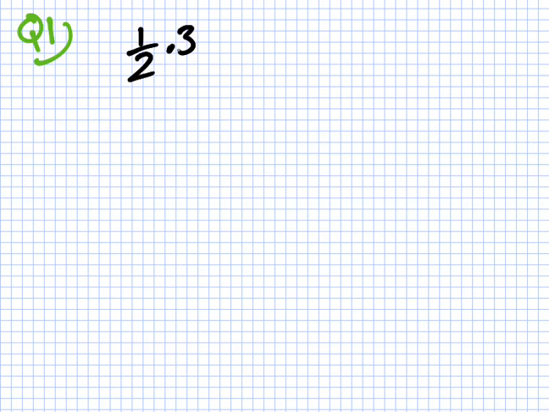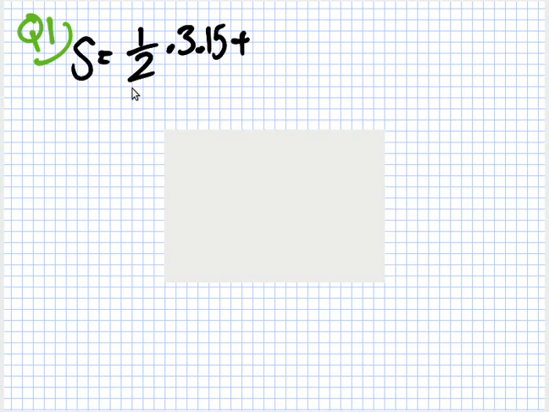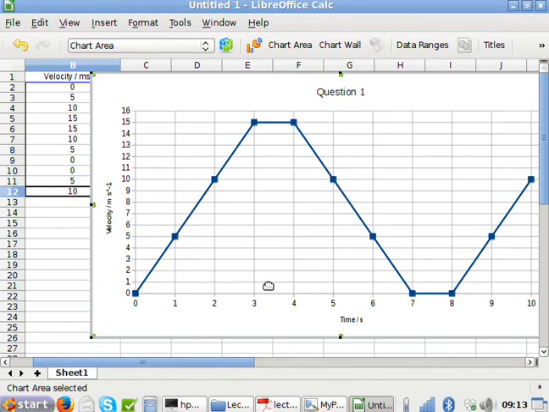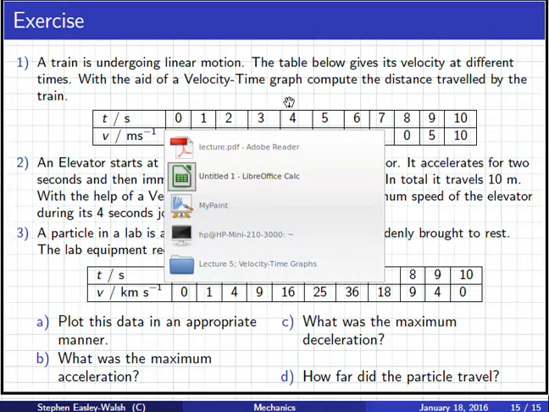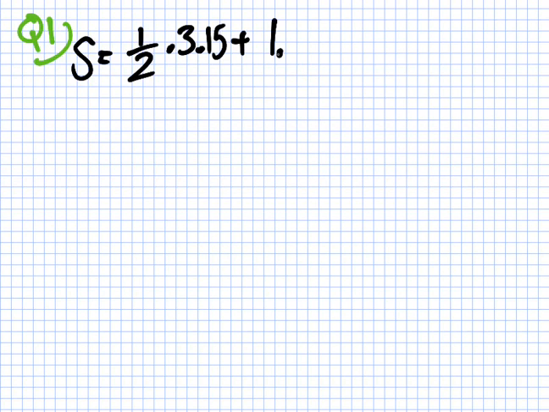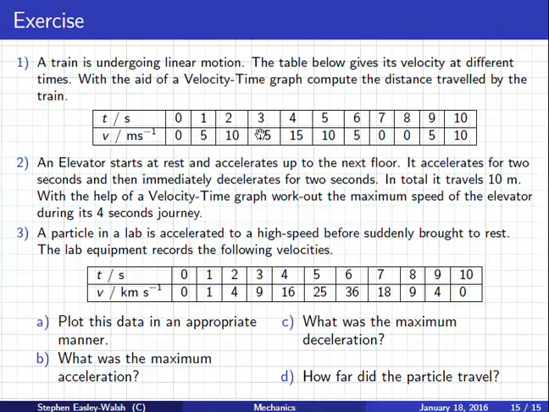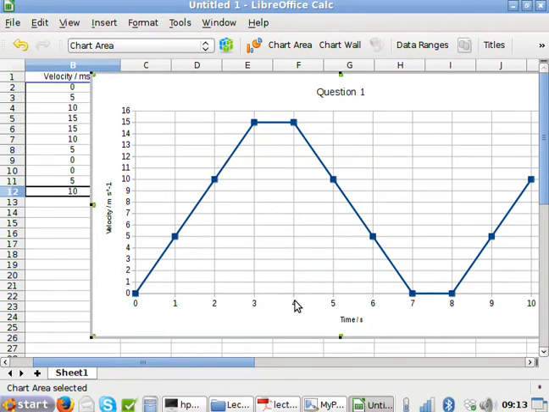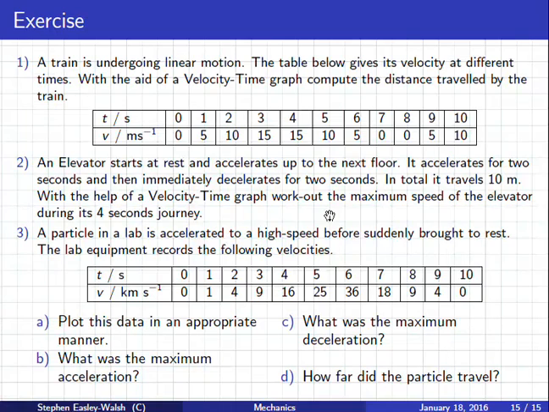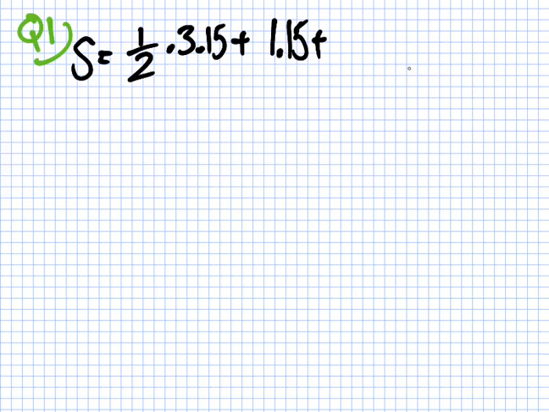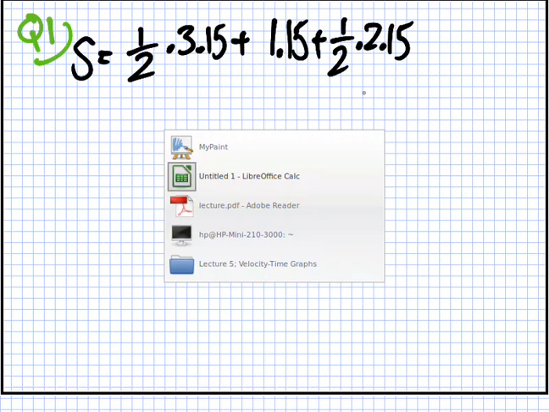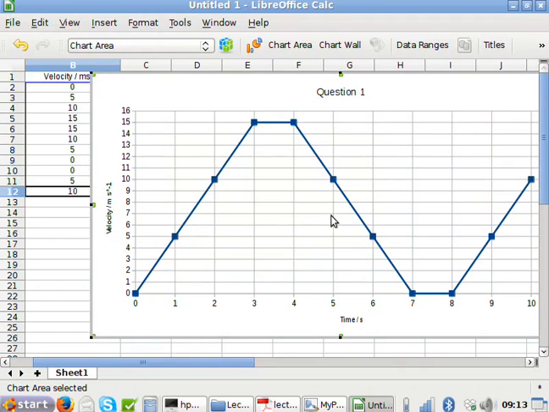Now we can really see the area here because each box is 1 by 1. So the first shape is going to be a triangle from 0 to 3, and 0 to 15. So that's a half times 3 times 15. Let's write that one down. Question 1 is a half times 3 times 15.